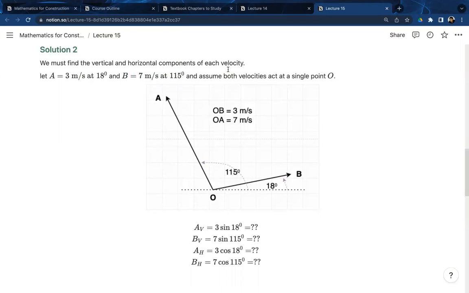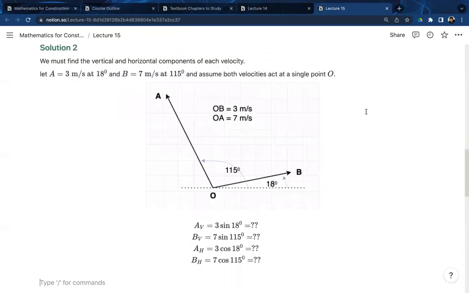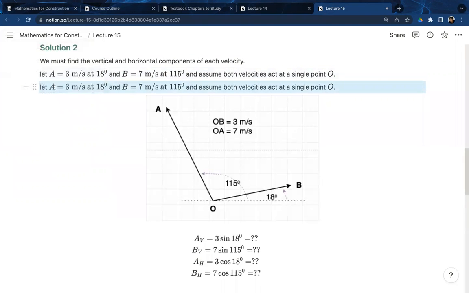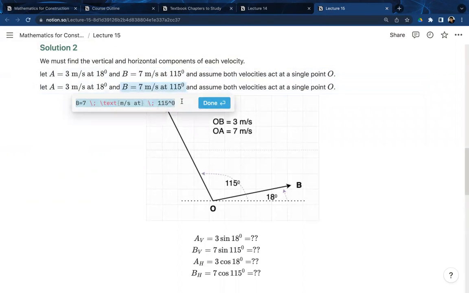Hold on, I think I make a mistake here again. It should be the 7. Right, so let me just change this up. Sorry for all this confusion here. With vector diagrams you really have to plan these things out, and name it better, right? So this should be B, right?